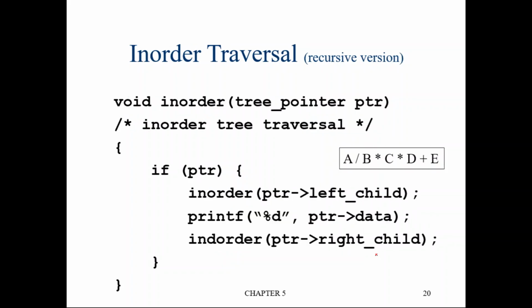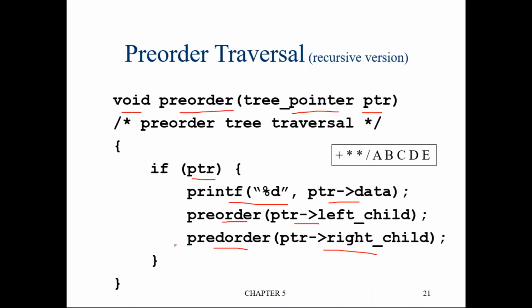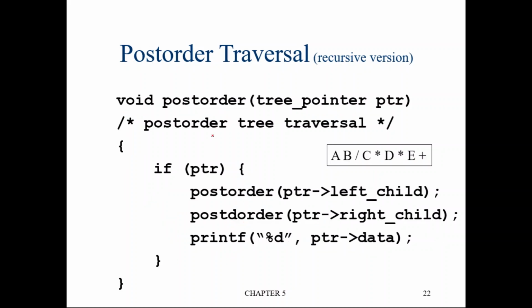If you see here, in in-order you first call in-order, then print, and then call in-order again. But in pre-order, first you print, then call pre-order with the left child, then call pre-order with the right child. Similarly for post-order, it again takes a tree pointer ptr.